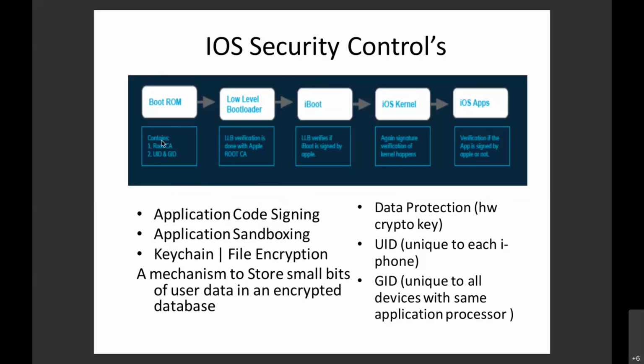Root CA refers to the certifying authority. The certifying authority checks that the boot ROM is properly enabled, and along with that there is public key authentication. That kind of authentication happens while the iPhone boots up. Along with that, there is a user ID and a group ID, GID, defined for them.